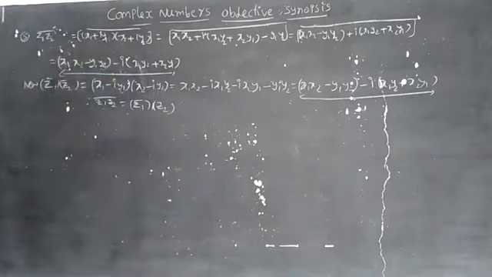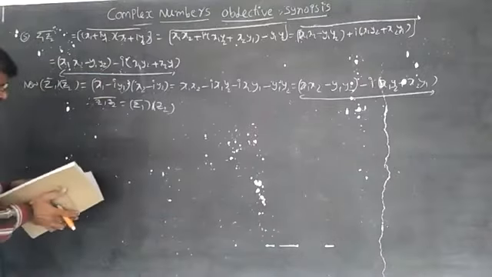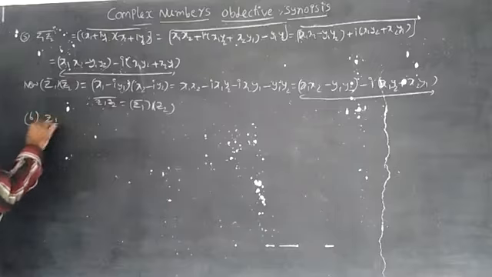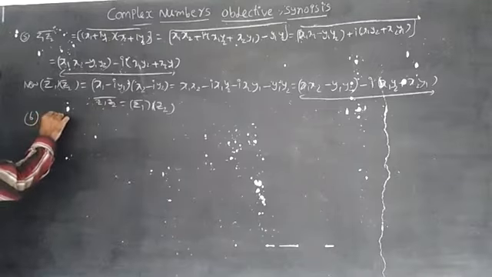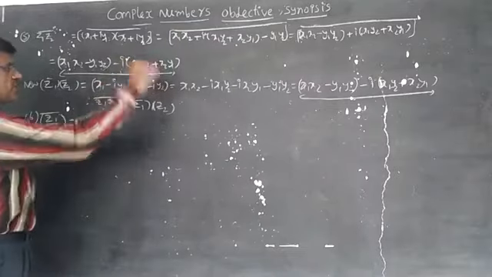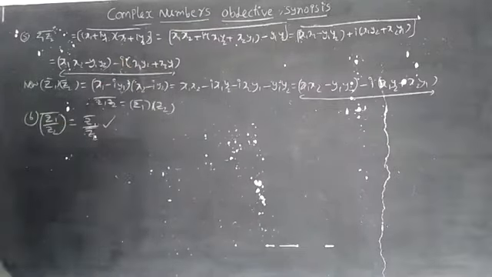Now z1 by z2 also we can decide. Okay, let us write directly. z1 by z2 whole bar you can write, students, is equal to z1 bar by z2 bar, like a property. You take the proof in a similar way.